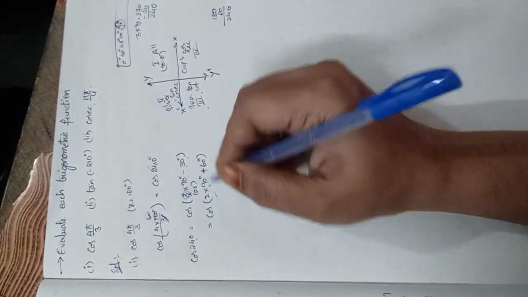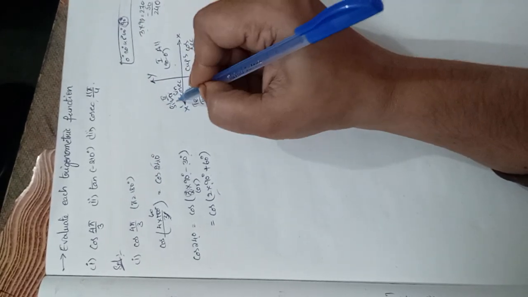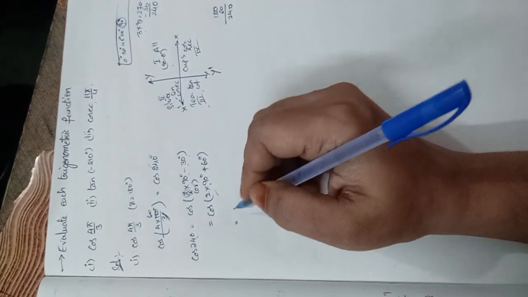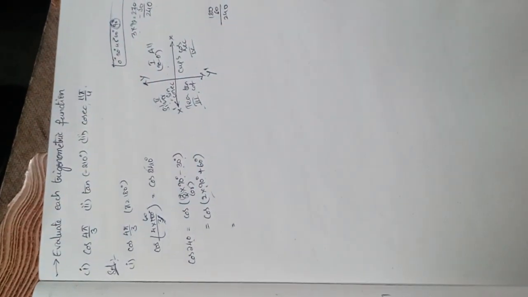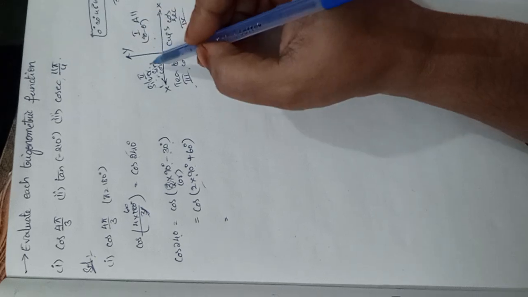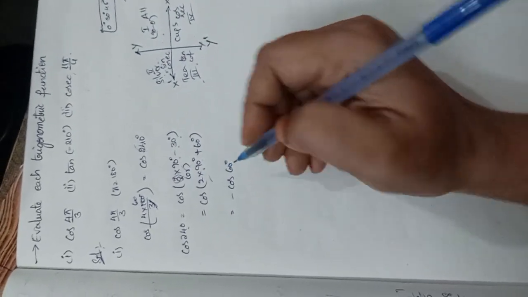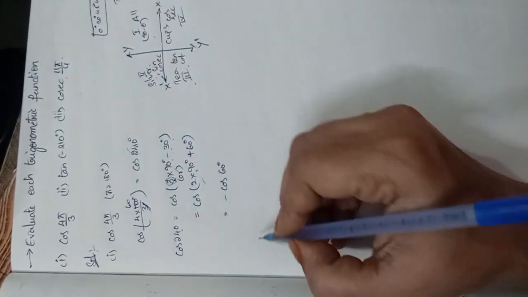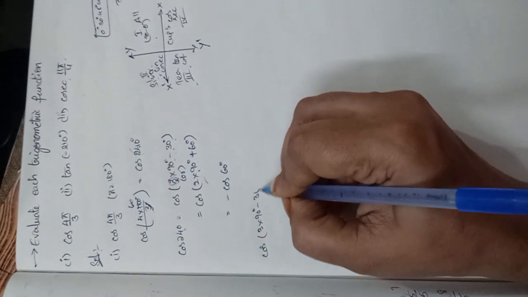I am taking this here. This is 2, so counting 1, 2, you will get the third quadrant, so in this you get minus. Cos is negative, so minus cos 60 degrees. Now for the other form: cos of 3 into 90 degrees minus 30 degrees.